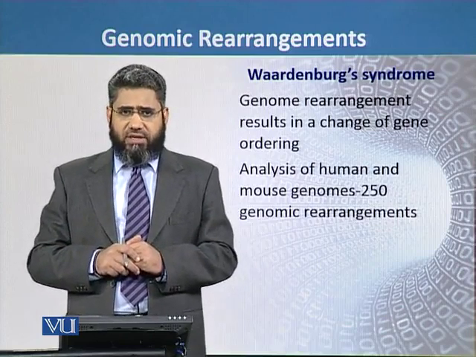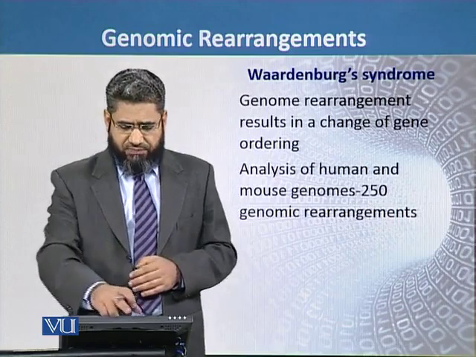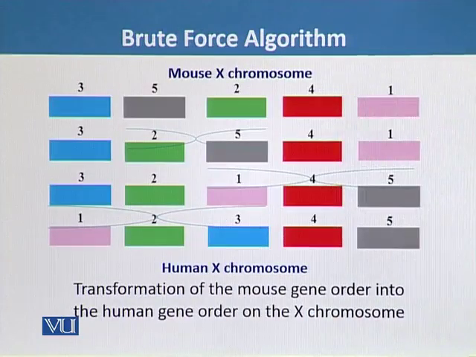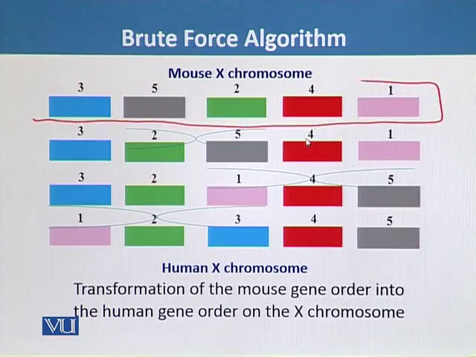And we can say that this rearrangement can result in the loss of the genomic structure. As an example, assume these are different large pieces within the mouse genome.